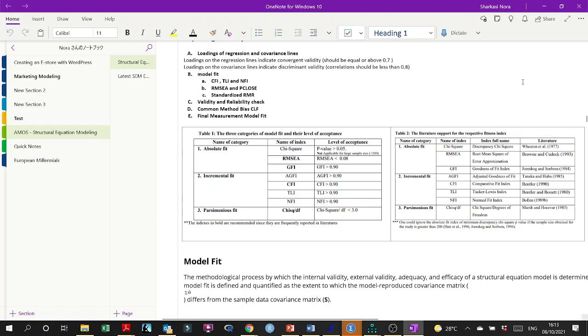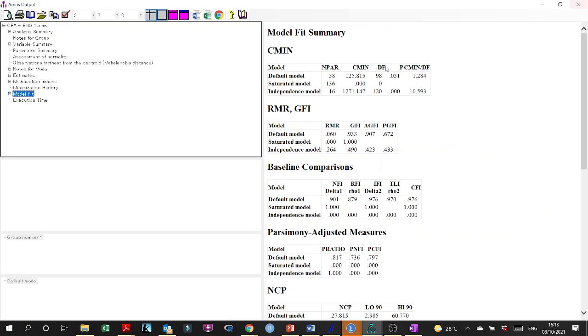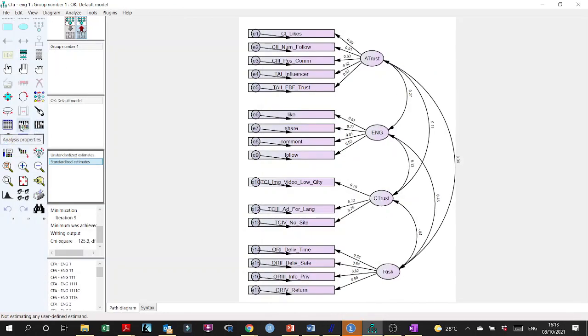So usually researchers won't even look at that, but it's good to report this. Over here, it is significant, and I want it to be over the significance level.